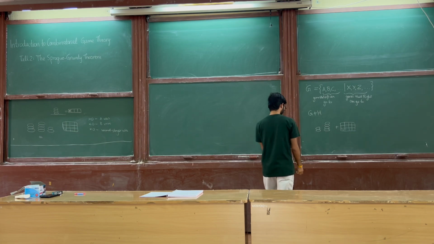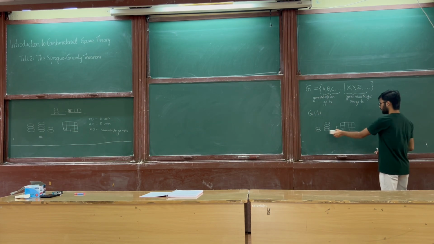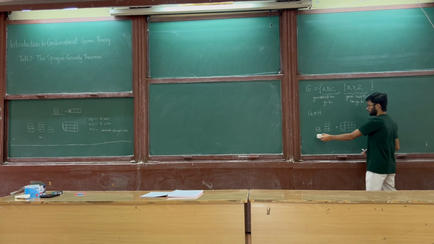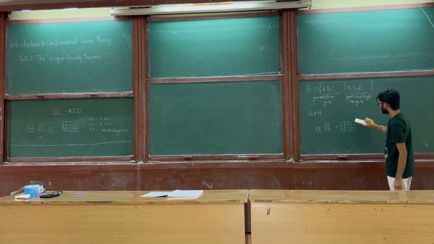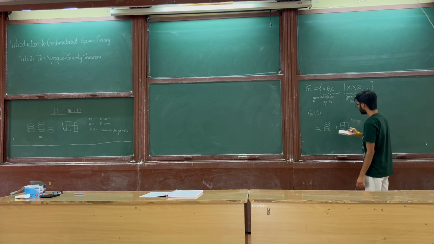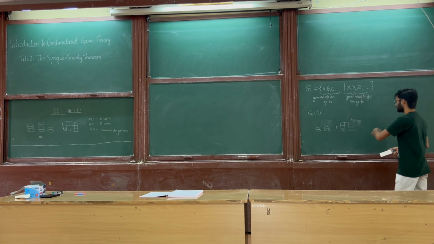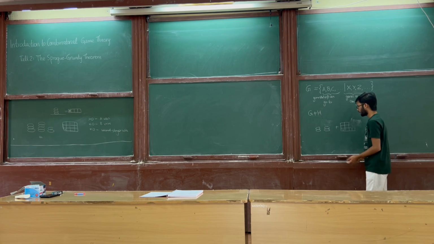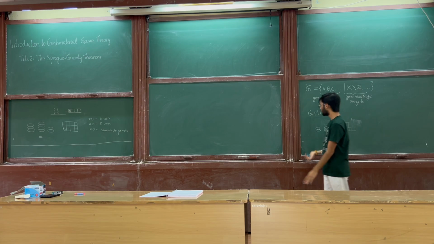Then in the sum, if I'm a player, a move for me is to pick one of these components and make a valid move in either of them. So for example, if I pick this square, I'll remove this, and then the next player on their turn can pick this component instead and remove, say, these 2 points. The game will go on like this, and when one cannot make a move in either of them, then they lose.